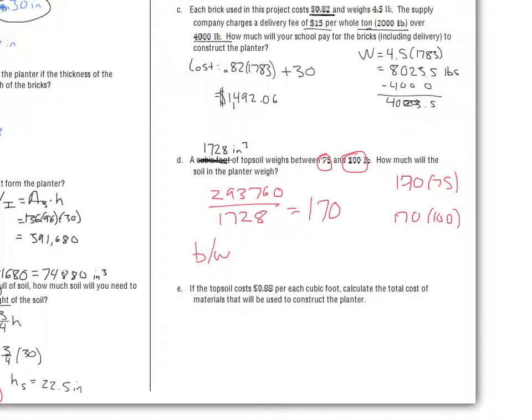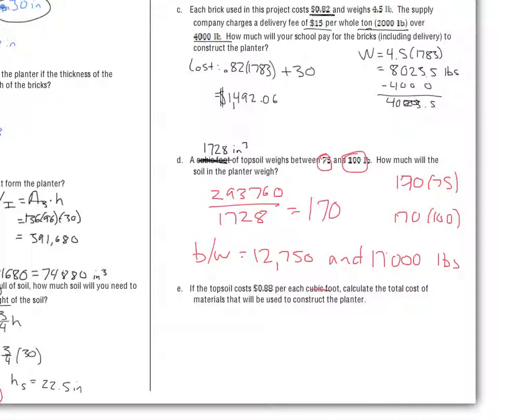So that's going to be somewhere between 12,750 and 17,000 pounds. If the topsoil costs 0.88 cents per cubic foot, calculate the total cost of the materials that will be used to construct the planter.